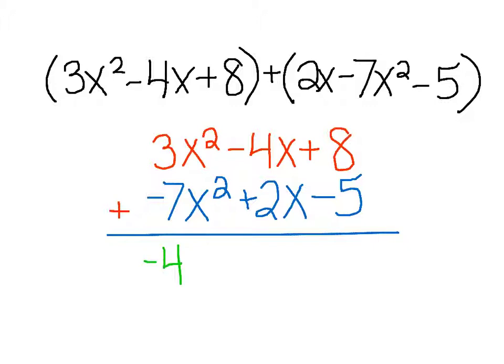Our variable stays the same, so x squared. Negative 4x plus 2x, that's negative 4 plus 2, which is minus 2x. And then 8 minus 5, which is plus 3. And there's my final answer. When I add these two polynomials together, the simplified answer is negative 4x squared minus 2x plus 3.